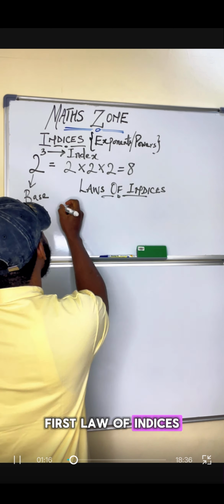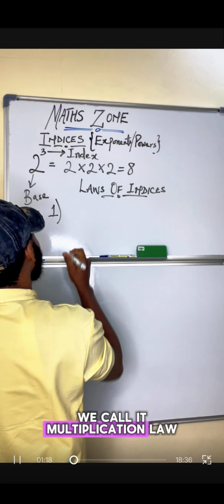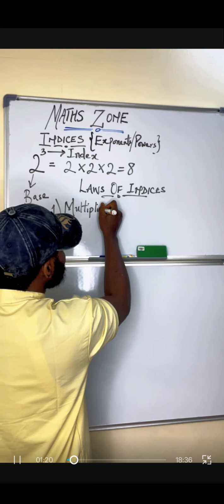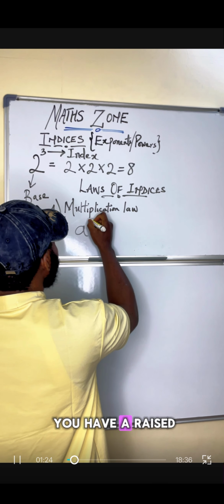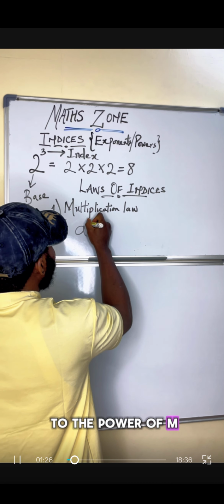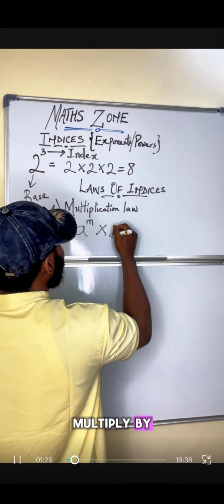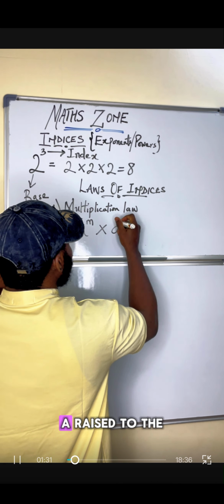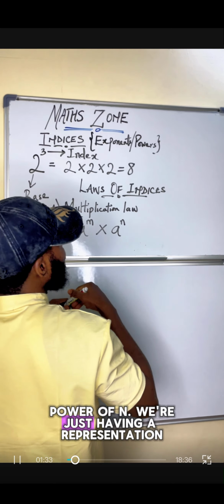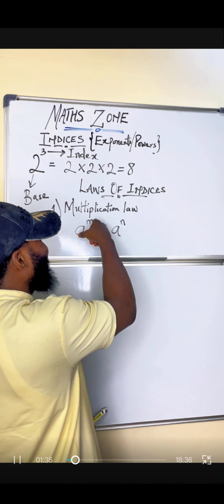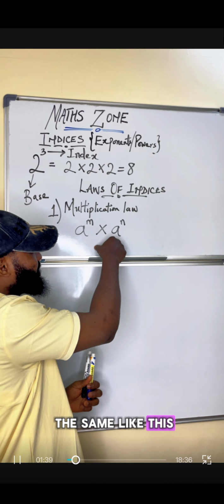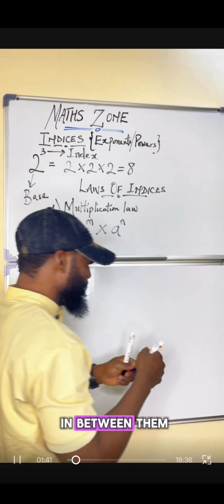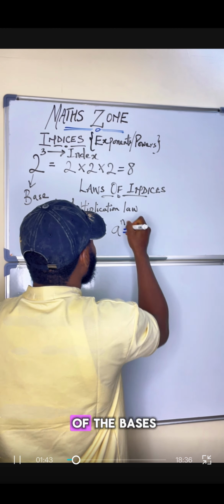The first law of indices, we call it the multiplication law. Let's have a. If you have a raised to the power of m multiplied by a raised to the power of n, we're just having a representation. Whenever the bases are the same like this, with a multiplication in between them, you just pick one of the bases.